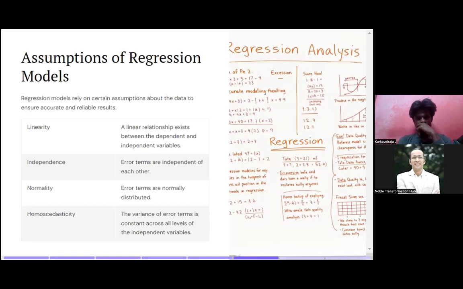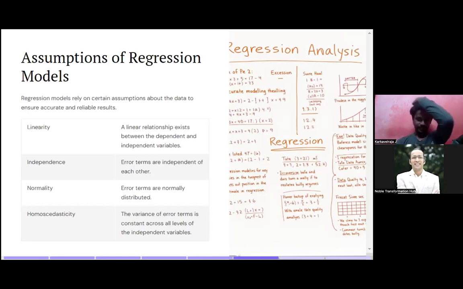There is no variability in it across the levels of the independent variable. Homo means the same, it is not different, it is constant. When it is constant across all levels of the independent variable, this is the assumption of regression models.